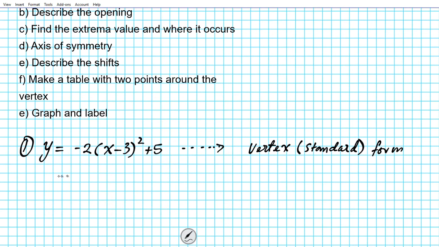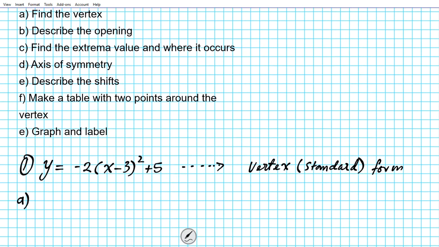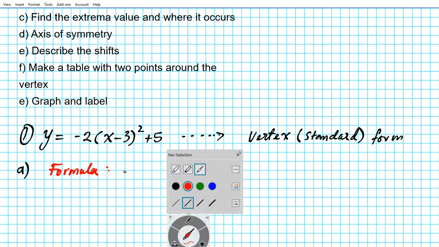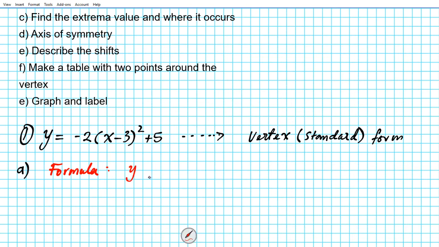Okay, now let's answer the different parts of the question. Part A, we want to find what the vertex is. So the formula for the vertex or standard form of a quadratic function is given by y equals a times the quantity x minus h squared plus k.